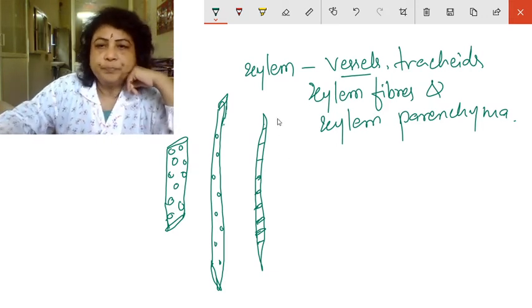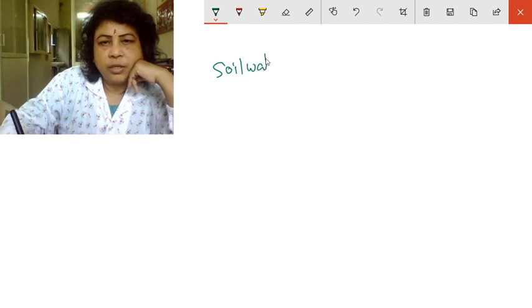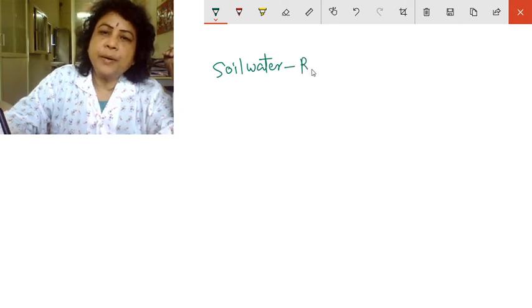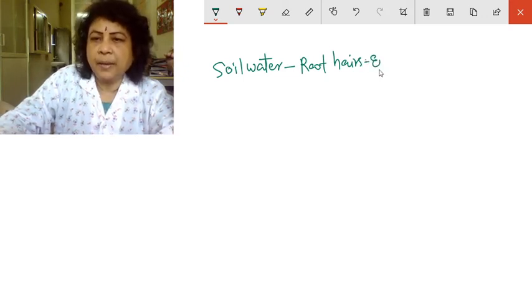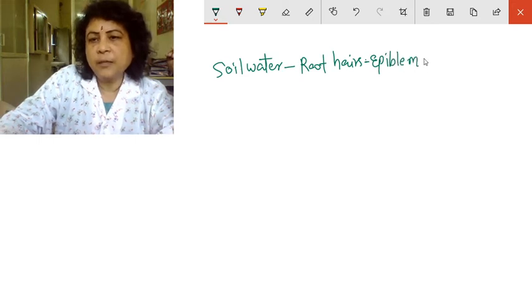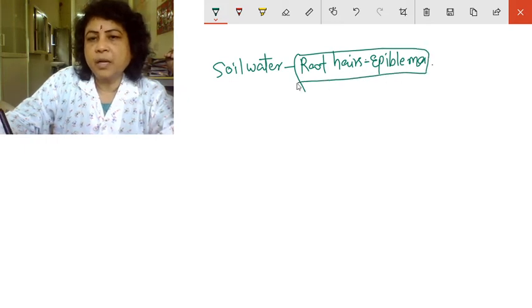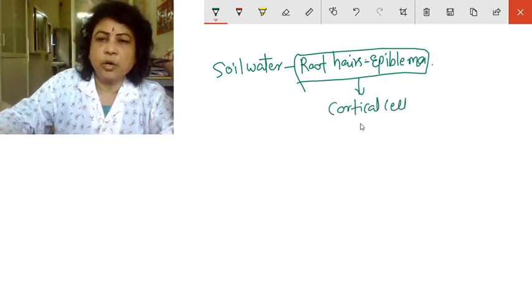So the path of conduction of water is this: when there is soil water, it is absorbed by the root hairs, the epiblema. From the epiblema, the water enters into the cortical cells, or the cortex.